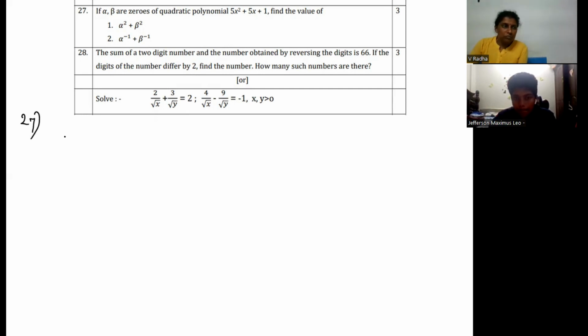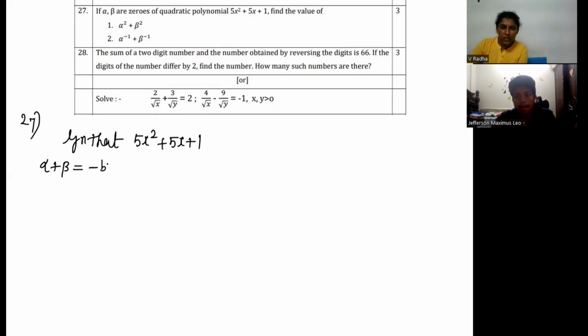Ma'am, we'll first find alpha plus beta and alpha beta. It is given that the equation is 5x square plus 5x plus 1, and so a is equal to 5, b is equal to 5, and c is equal to 1.